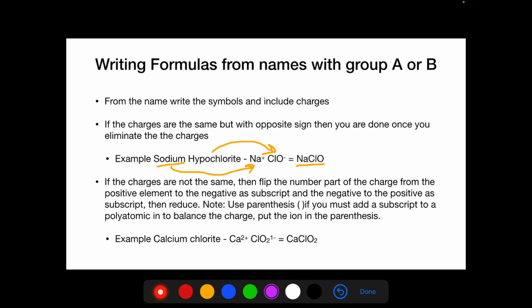In the case of our second example, calcium chlorite, calcium is a 2+ and chlorite is a -1, so we have to do our flip-flop thing, and so we end up with Ca(ClO2)2. We will put parentheses around the ions if it gets a subscript after it.